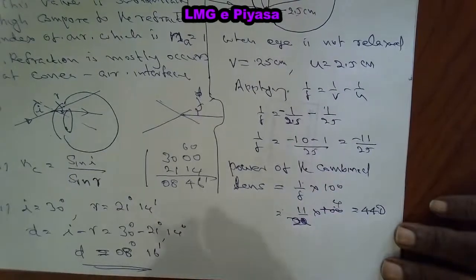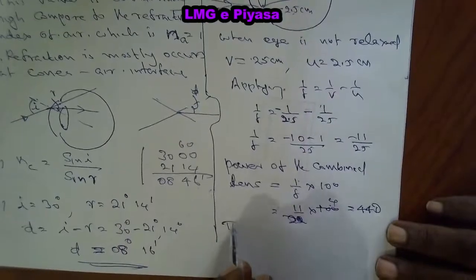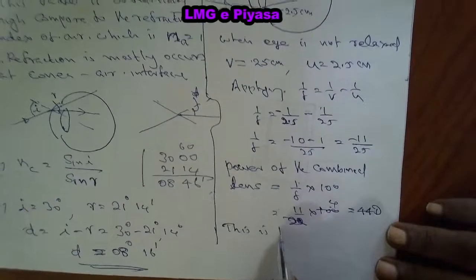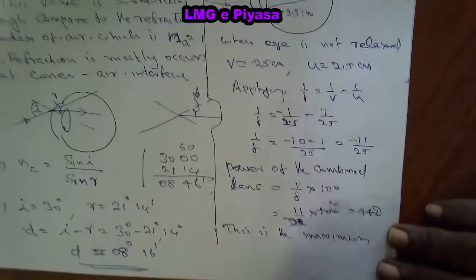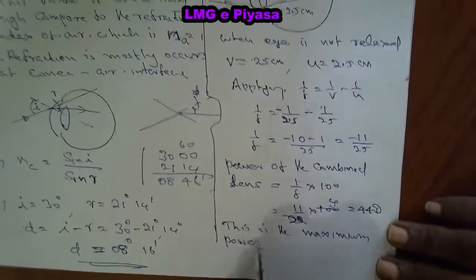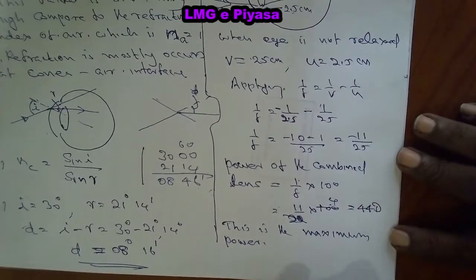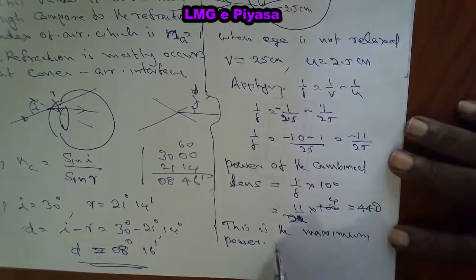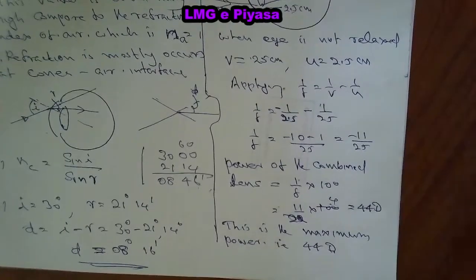So this is the maximum power. Right? Maximum power, that is 44 diopters.